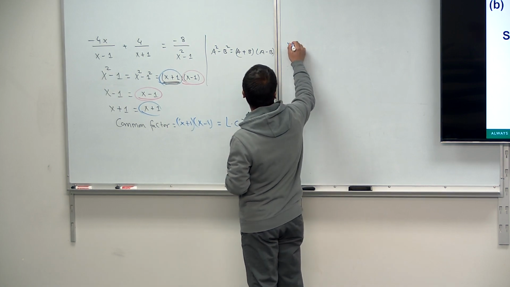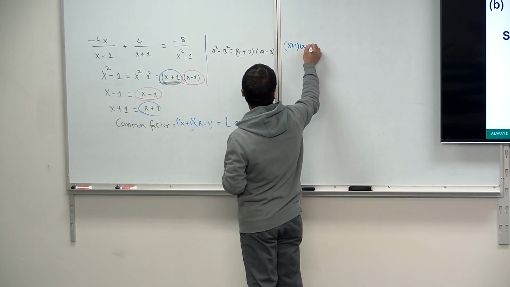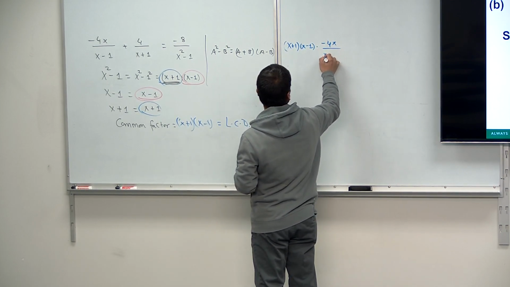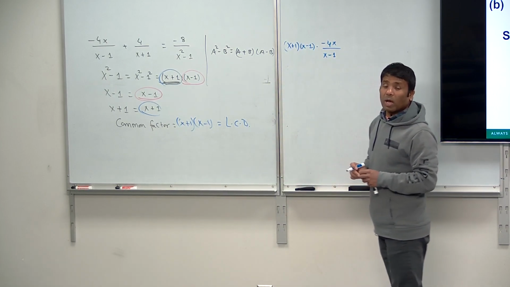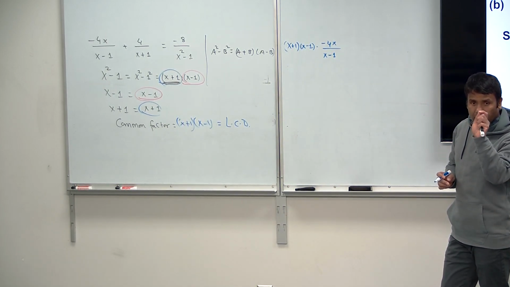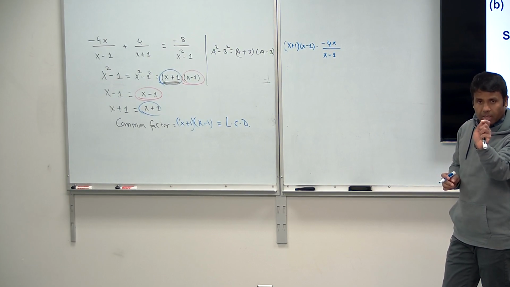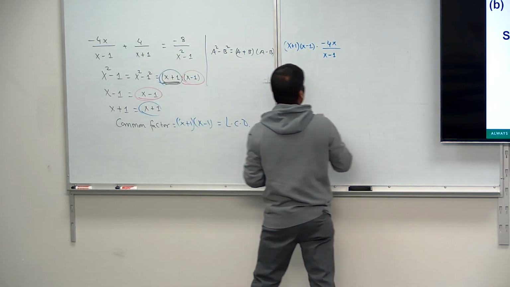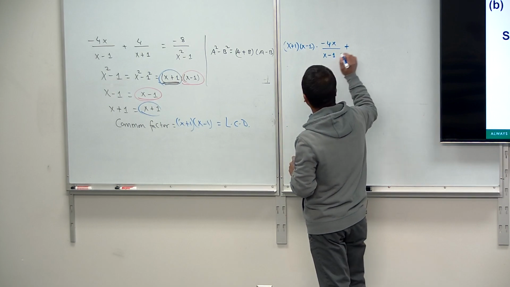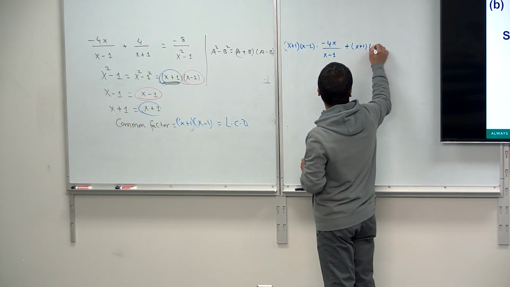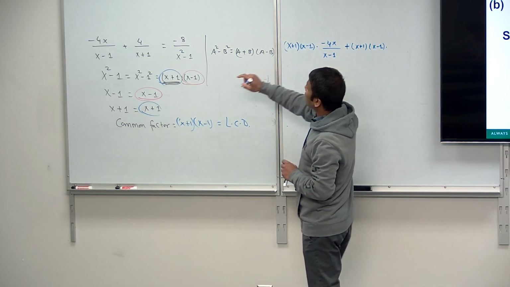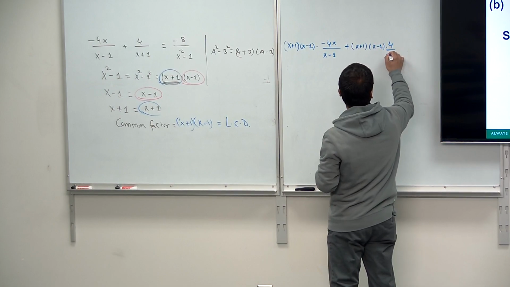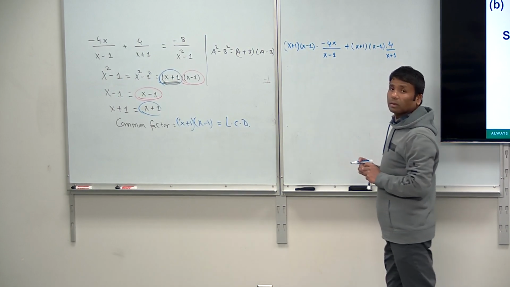So x plus 1 times x minus 1 times negative 4x over x minus 1. So I multiplied the first rational expression by LCD. So do the same thing here. So you have x plus 1 times x minus 1 times 4 over x plus 1. Good?